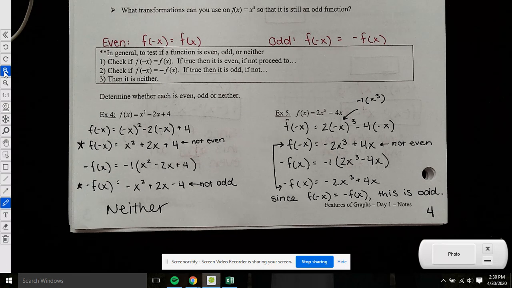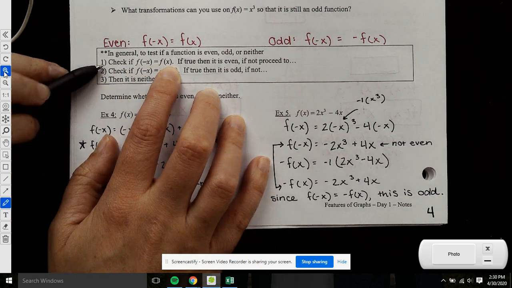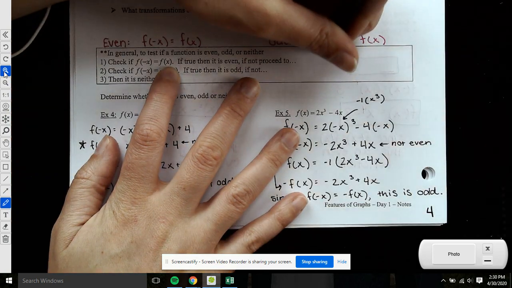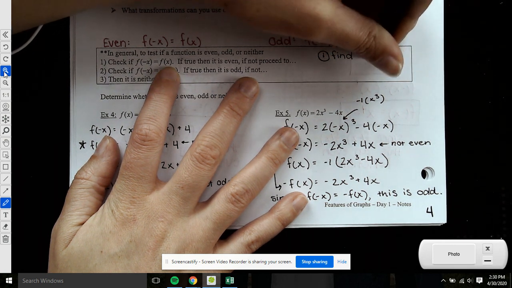So just as a step-by-step process, it says check if f of negative x equals f of x. The first thing you really do is you find f of negative x.